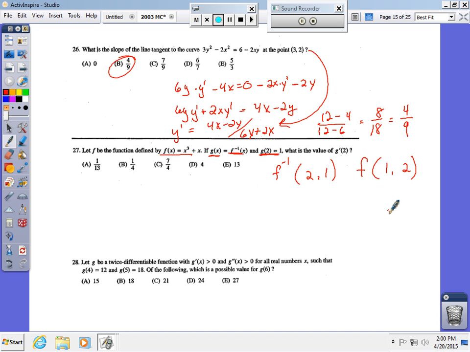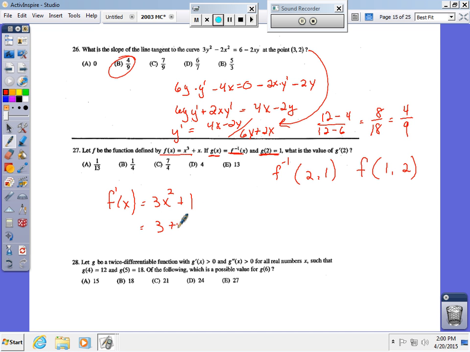Well, what I'm going to do is take the derivative of f of x, which is going to be equal to 3x squared plus 1, and evaluate it at 1.